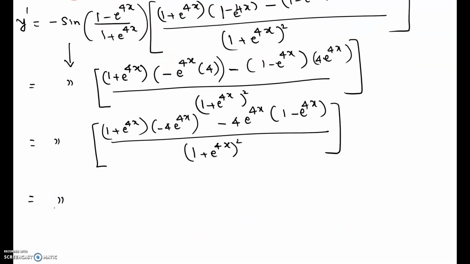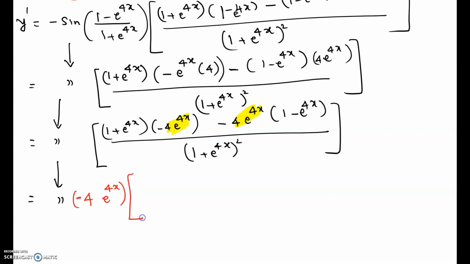Now we can continue writing that negative sign part. In this case, we have 4e to the 4x, which is a common factor which can be taken out. So we take that out as a common factor, 4e to the 4x, along with the minus sign.